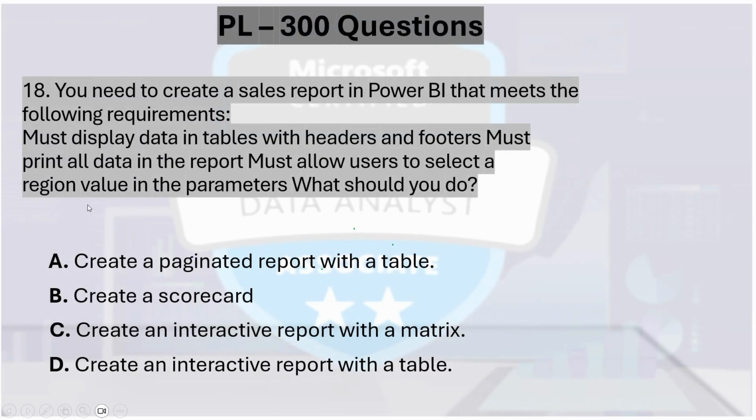Now the next question, number 18: you need to create a sales report in Power BI that meets the following requirements. Must display the data in a table with headers and footers, must print all the data in the report, must allow selecting the region, which is in the parameter. What should you use?